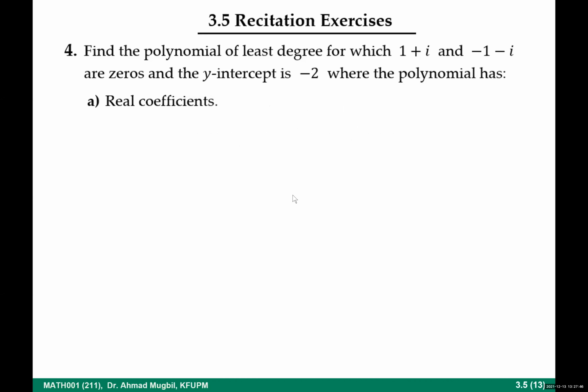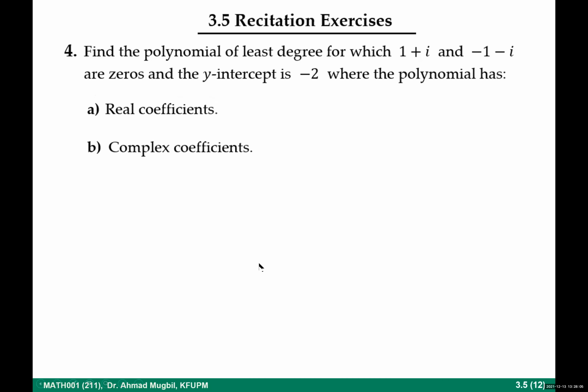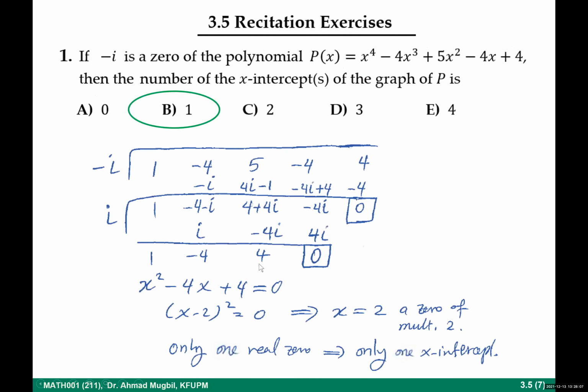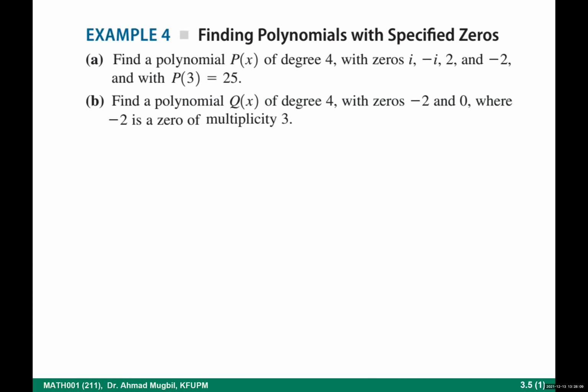Okay. Let me remind you about how to solve such problems. What is the tool that we will use to solve this one? Which theorem? We will use here 2 theorems. Let me go back and show you. Do you remember this example from the class of yesterday?